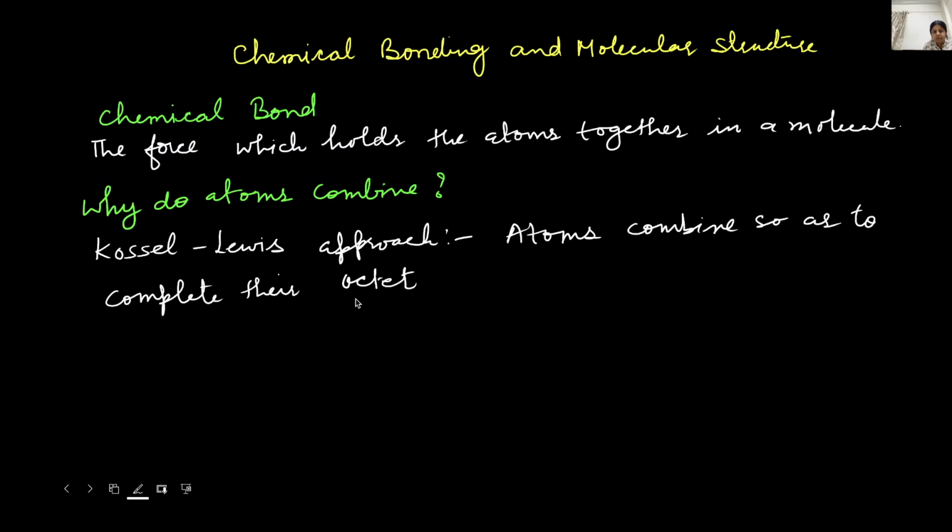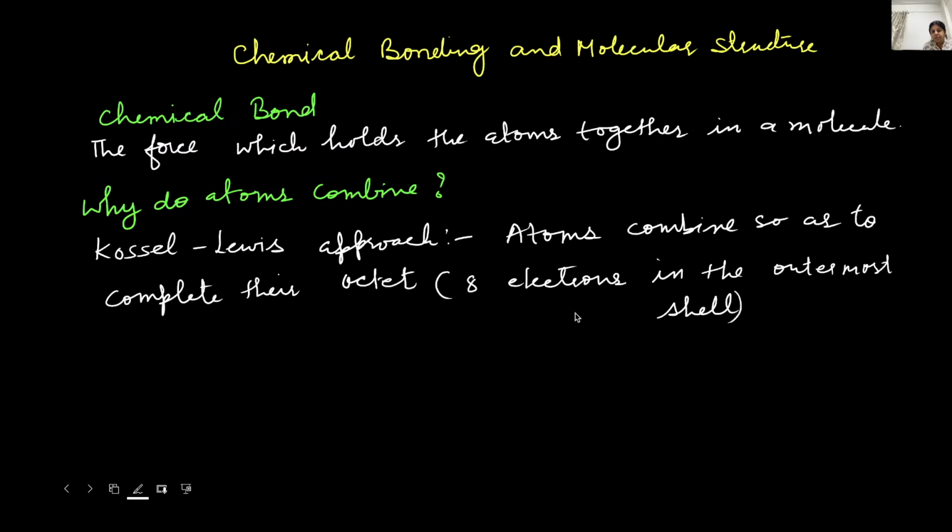Now what is the meaning of this octet, students? It means that there will be 8 electrons in the outermost shell. Now we will try to understand this with the help of some examples. 8 electrons in the outermost shell.